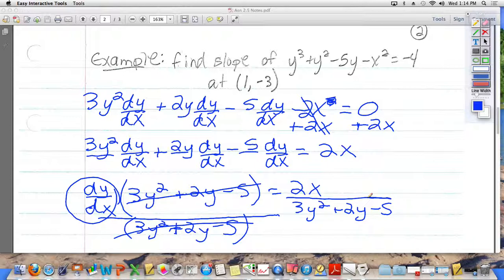But we're not done yet because the directions told you to find the slope at the point 1, negative 3. The 1 is an x, the negative 3 is a y. So you take your derivative and you replace the x's and the y's with 1 and negative 3. So the x is 1.